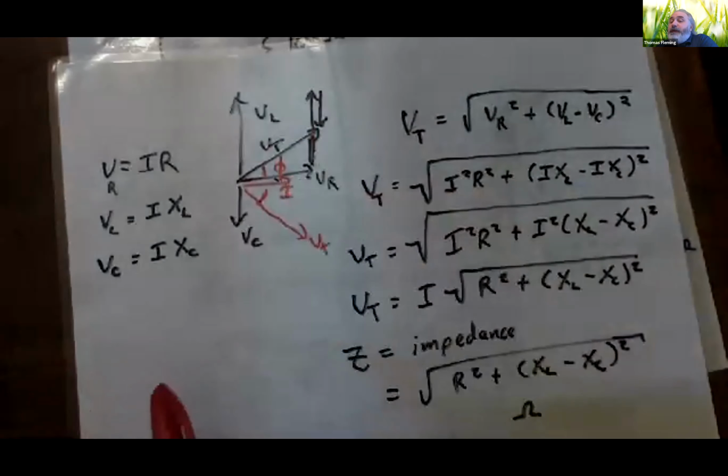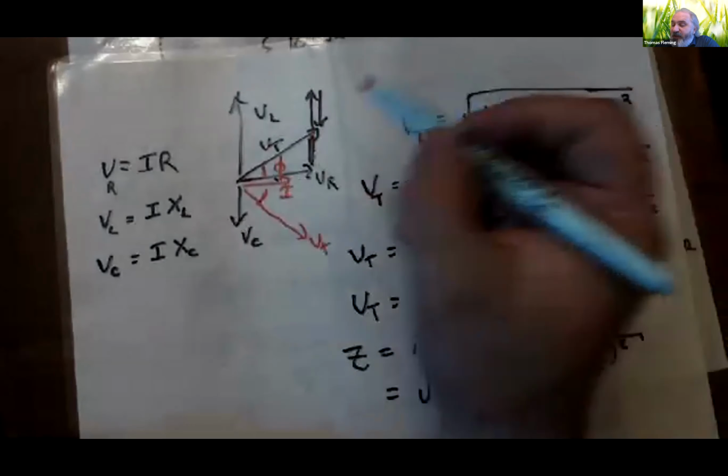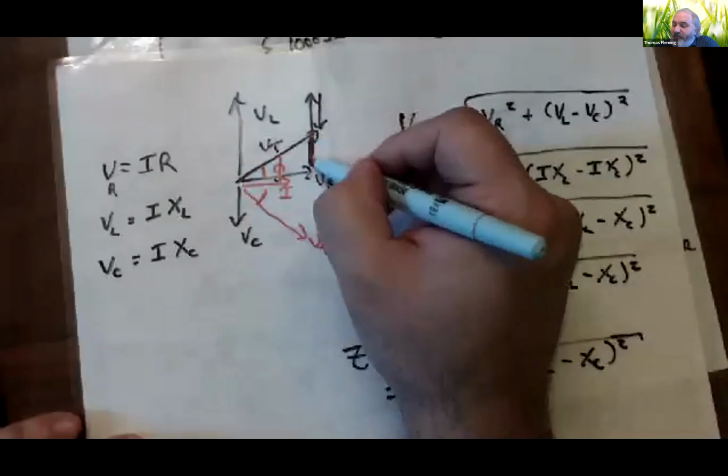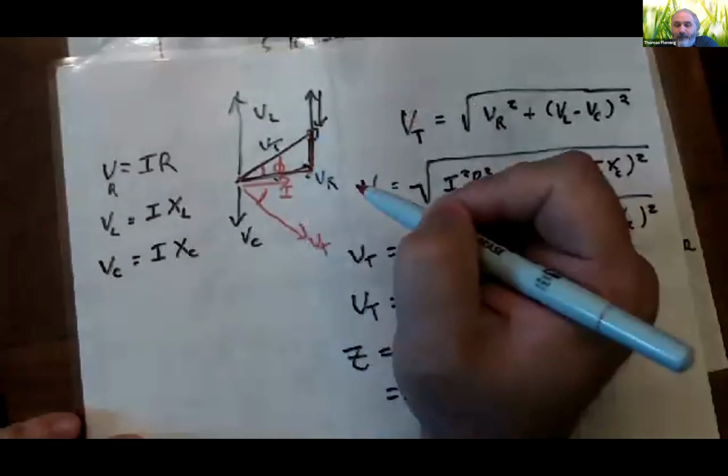And it's often important to know what that phase angle is. How would I figure that out? Well, in either case, what's going to happen is I've got this little triangle there, right?